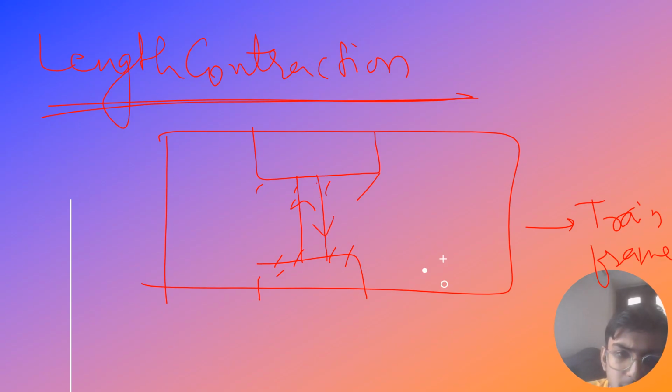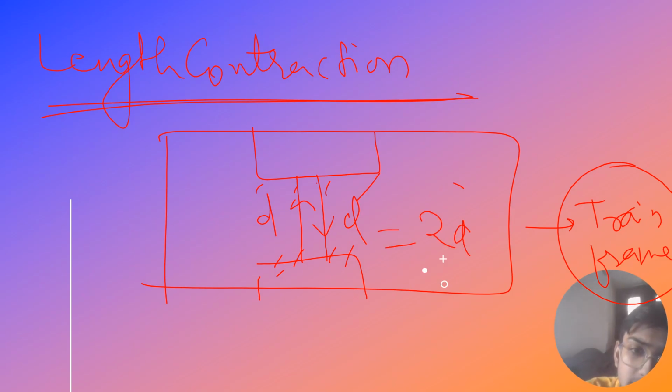If we see it with respect to this train frame, we light a torch and the light travels some distance d and then again some distance d, so the overall distance is 2d.